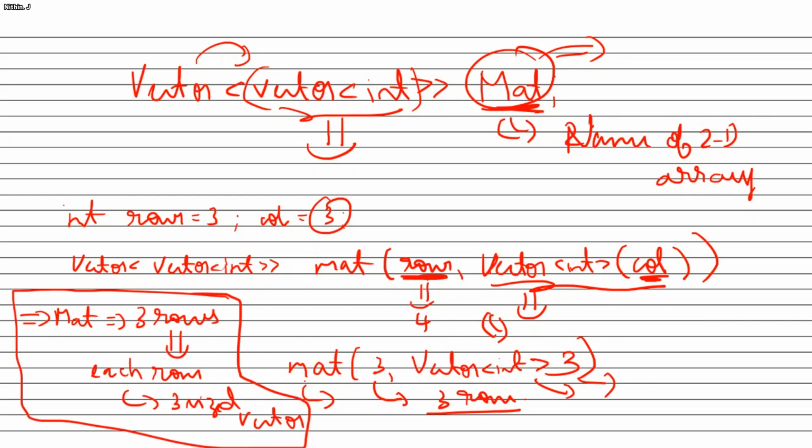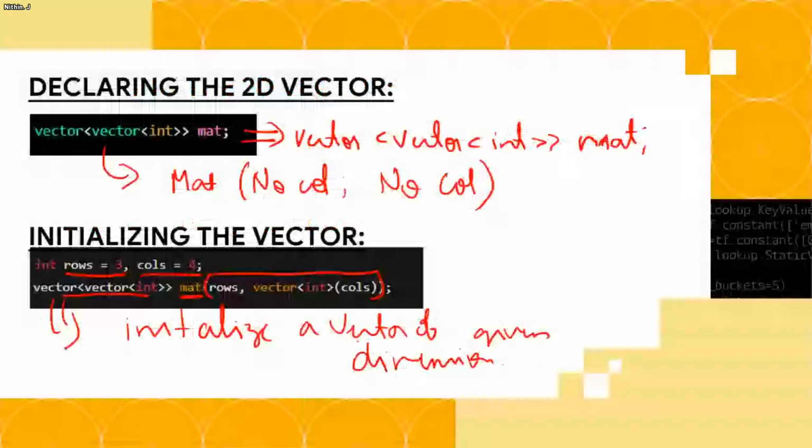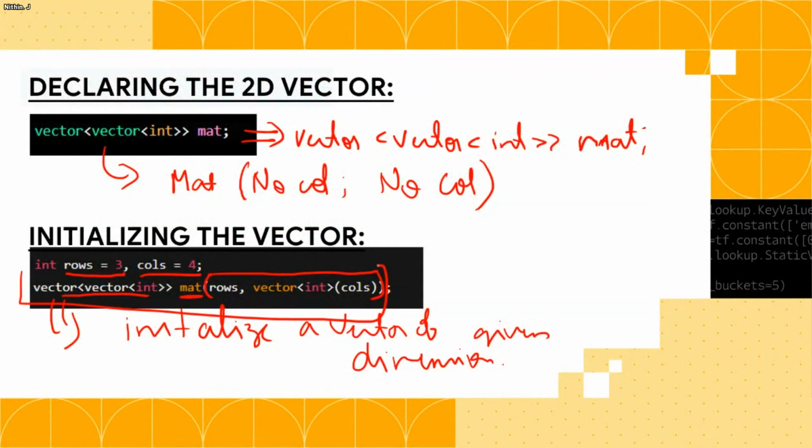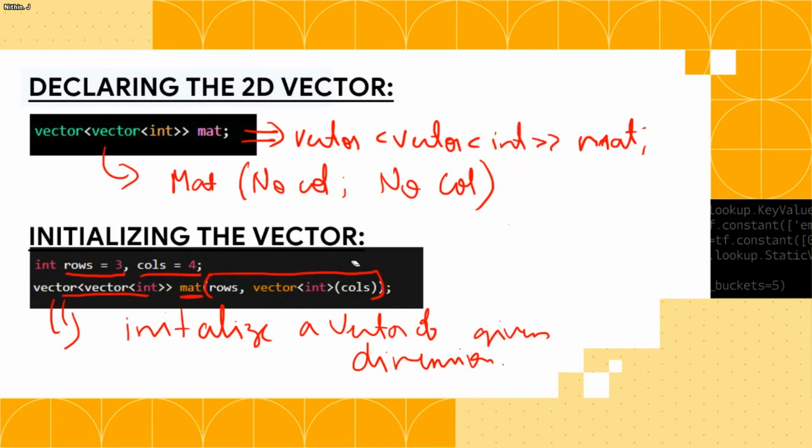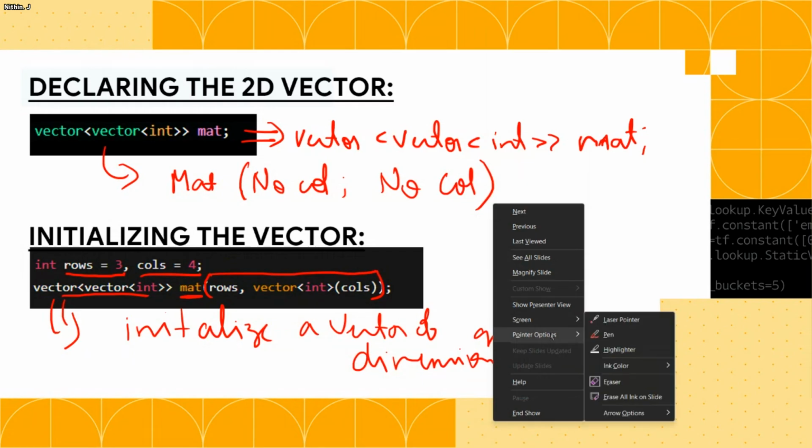And another fun fact is that whenever you write this code, you will always get a matrix that is already initialized with zeros.